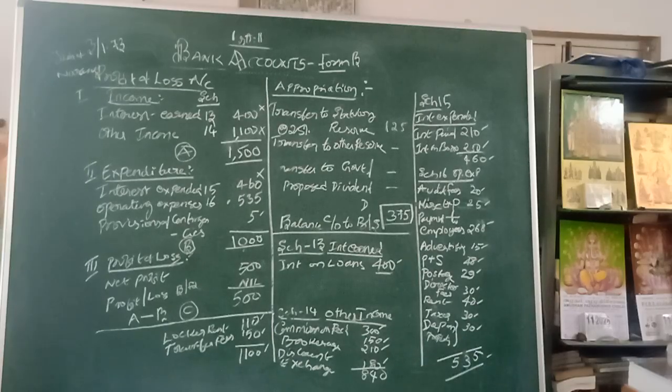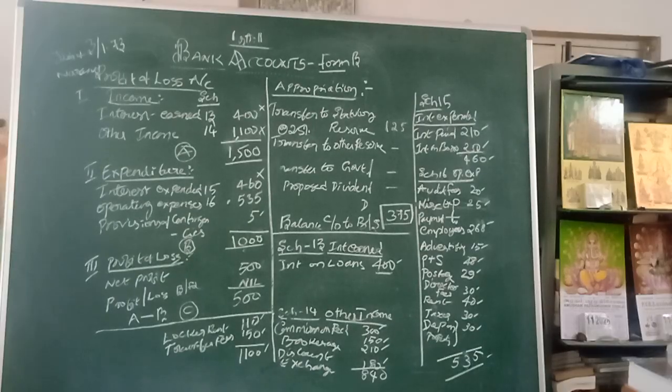That amount should be taken to the balance sheet on the liability side, schedule number 2, reserves, schedule number 2B, surplus. In that column of schedule 2B, surplus, we should take this 375, and mind it, two items as far as this problem is concerned.